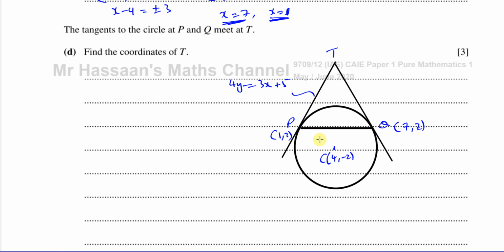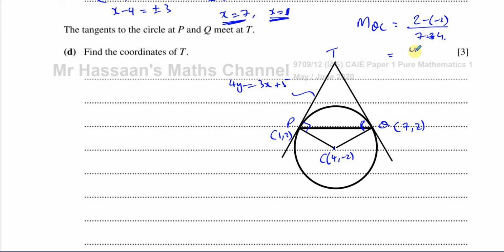So we know that this is the normal there, and this is the normal there. To find the equation of this second tangent, we can work out the gradient of QC, which is 2 minus 2 over 7 minus 4.